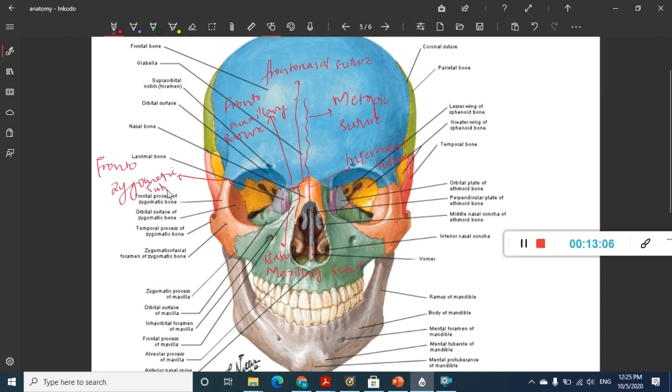Then one more suture is joining the zygomatic bone to the maxillary bone. This is the zygomaticomaxillary suture. So these are the different sutures which you should know in the anterior part of the skull.